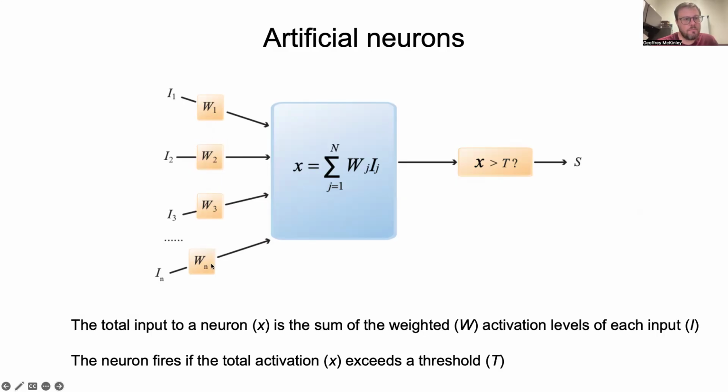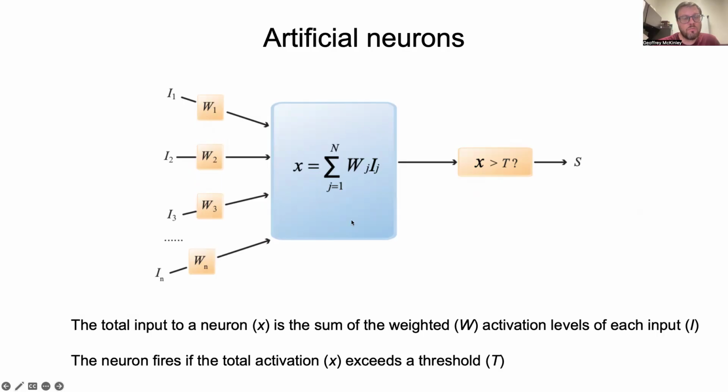And each one of these inputs has a weight associated with it, a connection weight, which is going to determine the speed with which that activation gets spread to the receiving neuron, okay? So the question is, does this neuron fire or not?